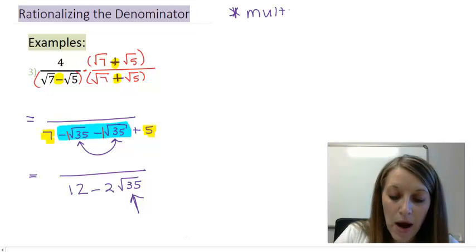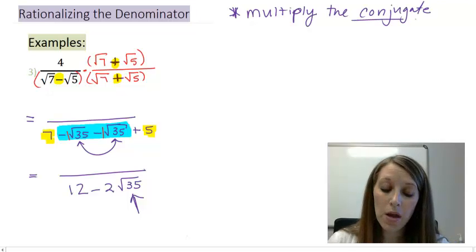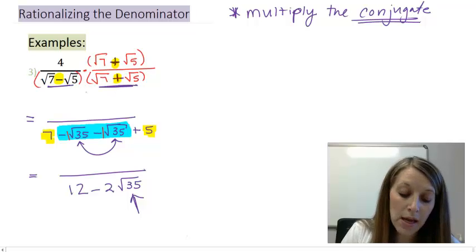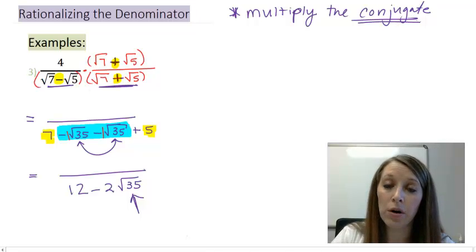And that is the process that we're going to use. So I introduced that vocabulary word conjugate when we were factoring difference of squares. Conjugates are exactly the same binomial terms, except with opposite signs in the middle. And the reason that they have a special vocabulary word is because things cancel.